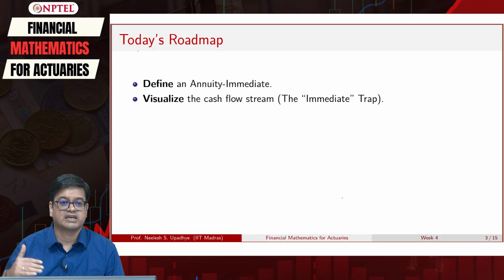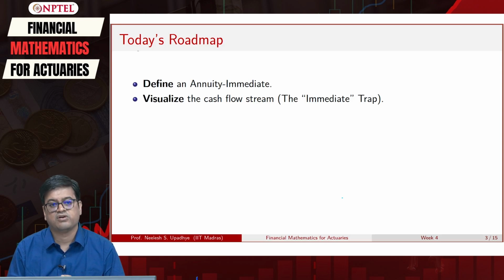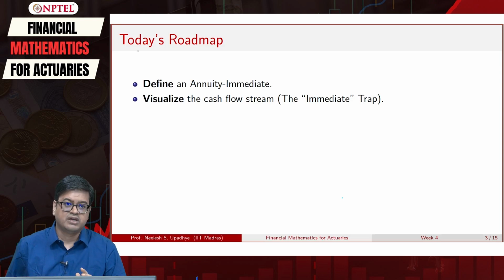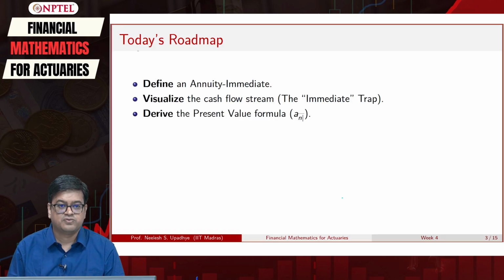After visualizing the cash flow stream clearly, we will reveal the so-called immediate trap. Once we have resolved this immediate trap, then we will derive a present value formula, which we have partially shown you. A teaser is already shown to you.